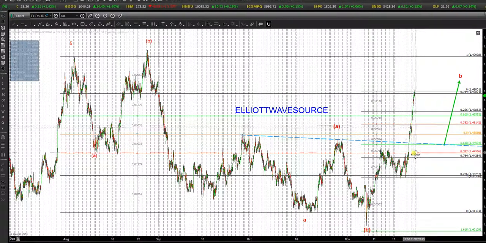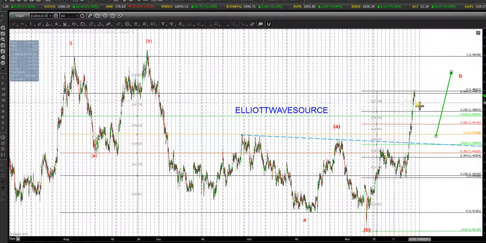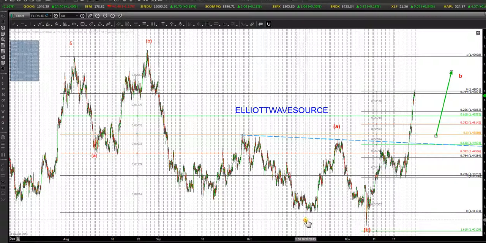So that made us readjust our count. At that point we moved the larger A to right here, making that the A, and the subwaves are 1, 2, 3, 4, 5. And then we were in the B wave, and the subwaves are A, B, and now we're working on that C wave.